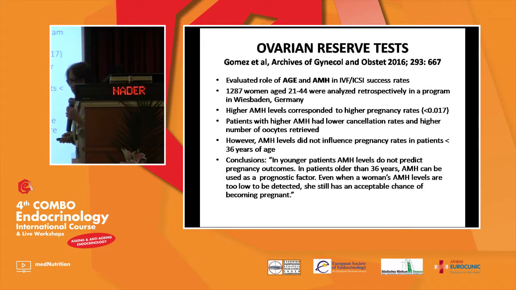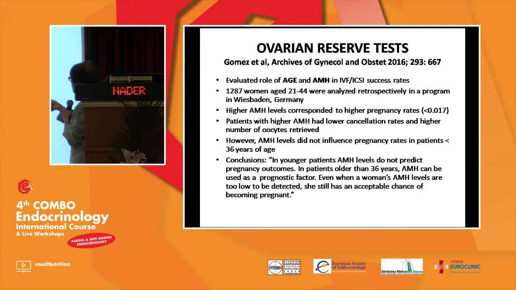Again, a word of caution. Just don't tell a patient that if you have low AMH, if she's 32 years old, that she's not going to get pregnant, because that is not correct. So the conclusion again was in younger patients, AMH levels do not predict pregnancy outcomes. In patients older than 36, AMH can be used as a prognostic factor, but even when a woman's AMH levels are too low to be detectable, she still has some chance of getting pregnant, but that is age dependent.